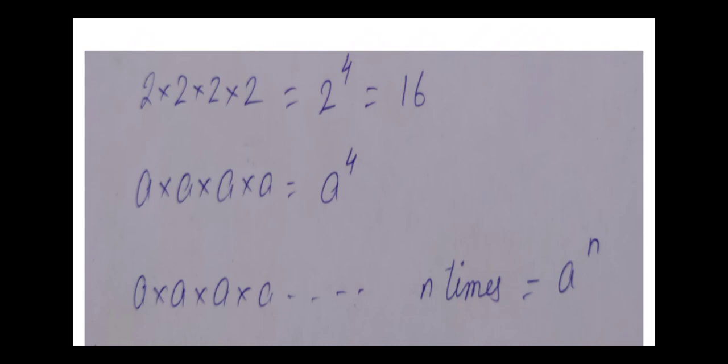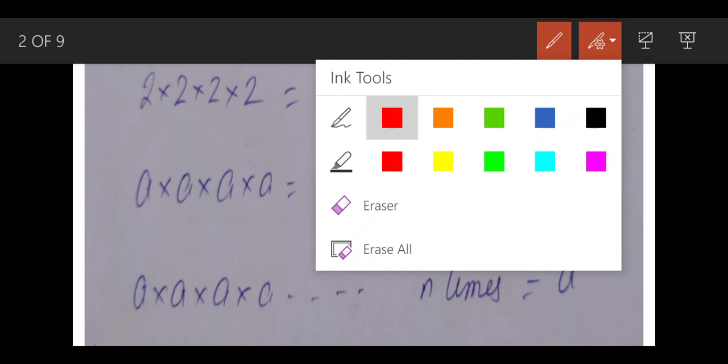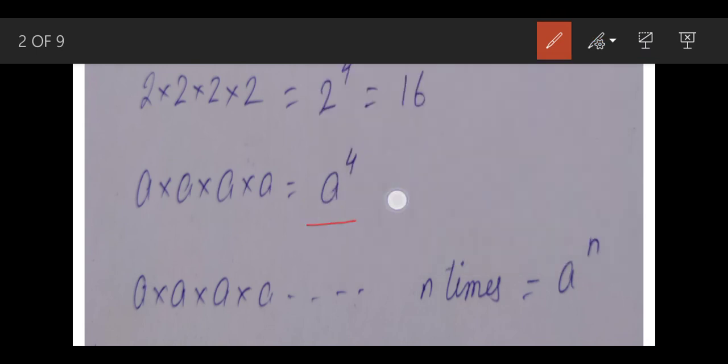In a similar way, a multiplied by a multiplied by a multiplied by a is equal to a to the power 4. Here this a is known as the base and this 4 is known as the power, or exponent, or index.